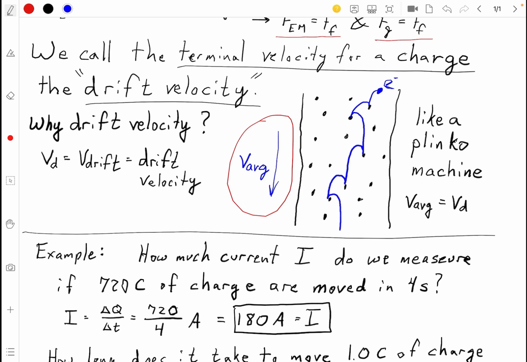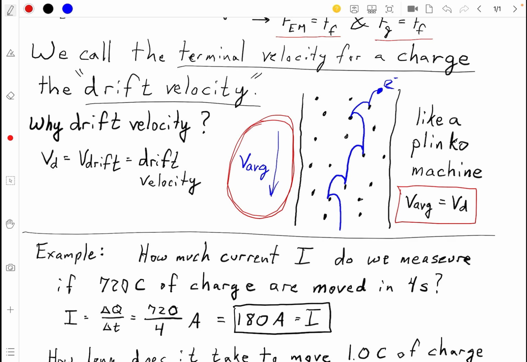Overall, it's going to go in a certain direction, and that is the average velocity that it's going to go in. Eventually it's going to go down, or in our case, down. It doesn't have to be necessarily down, but it's going to go that direction with some average velocity, and we call that average velocity the drift velocity. And it also happens to be that it can't really go any faster than that. That's as fast as it gets to go.